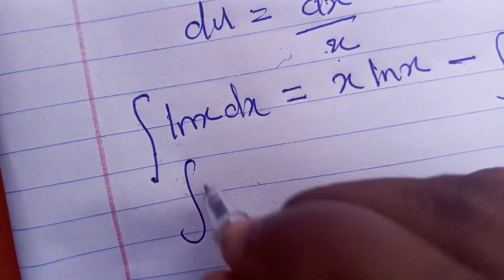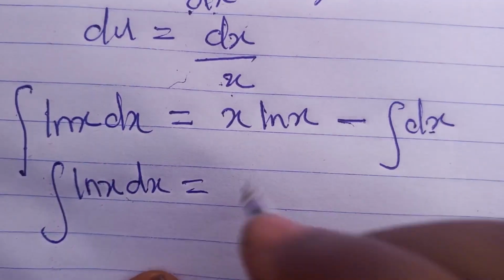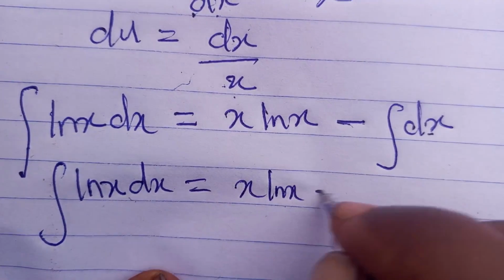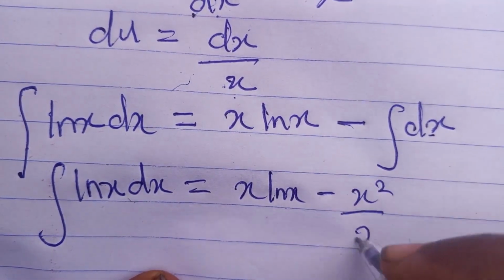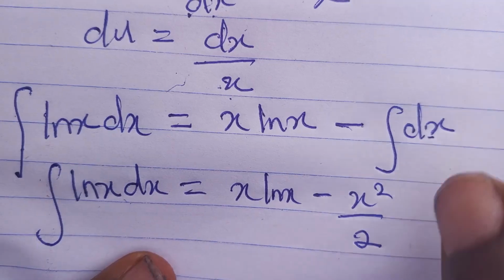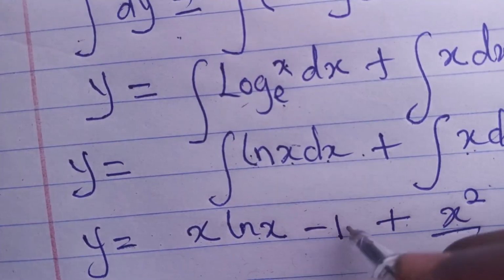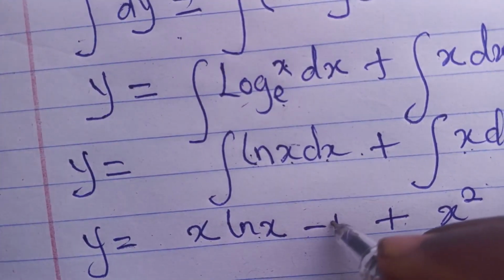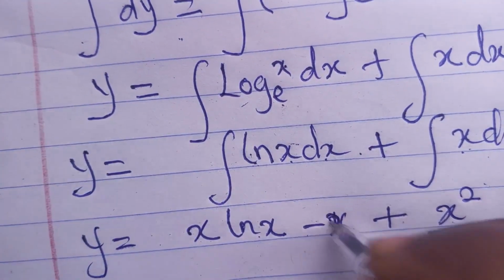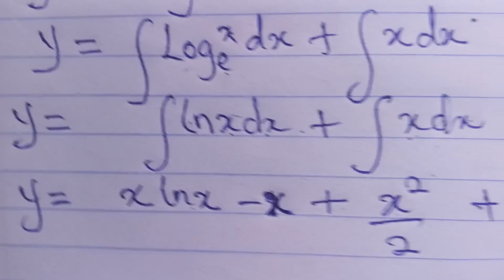So we have the integral of ln x dx equals x ln x minus x. And when you are doing this, you add your c. Okay, sorry, this is supposed to be our x, not 1.